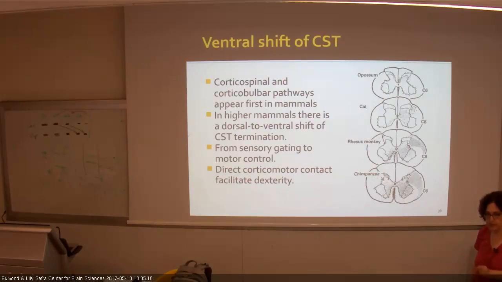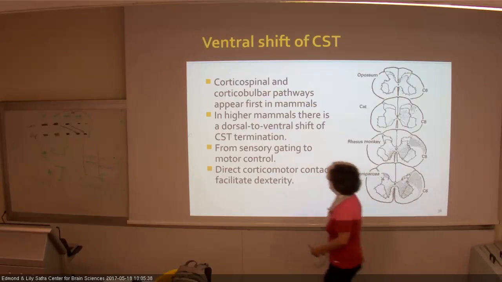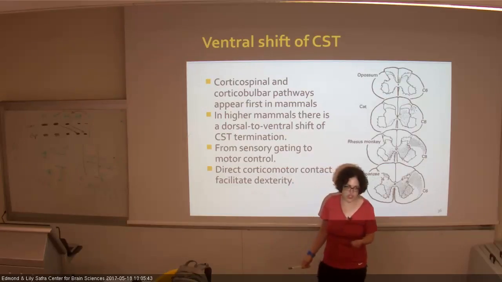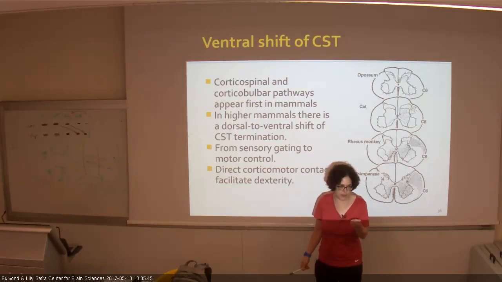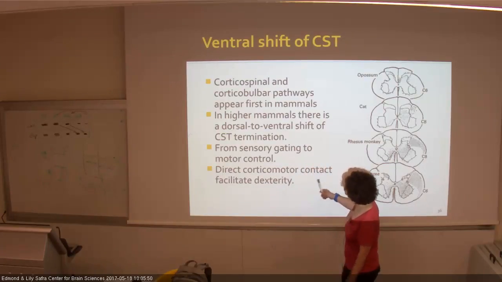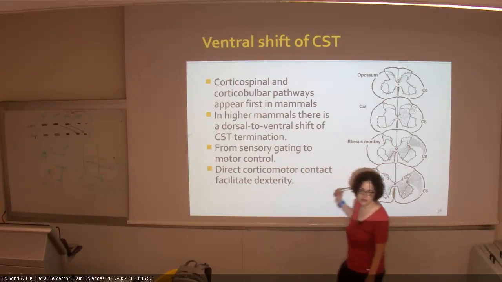Okay. Now in rhesus, it's mostly wrist and finger muscles that are being directly controlled by the motor cortex. But as we go higher in evolution, motor cortex controls more proximal muscles. Okay? So this anatomical shift of the pyramidal tract is correlated with increased dexterity in these animals.